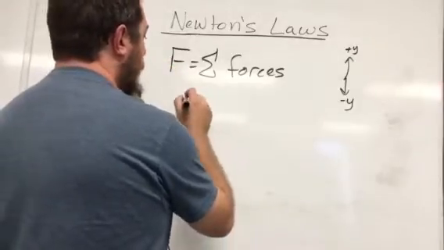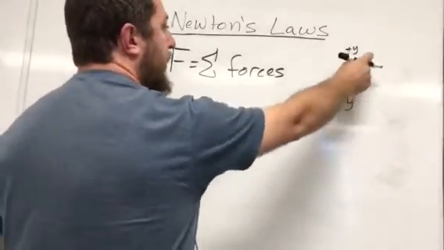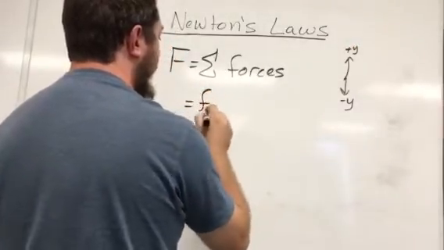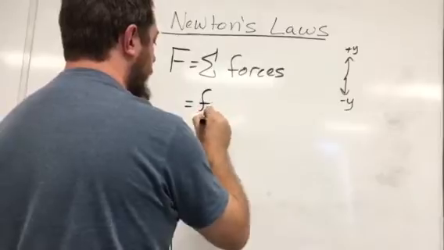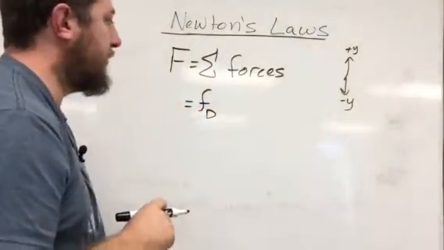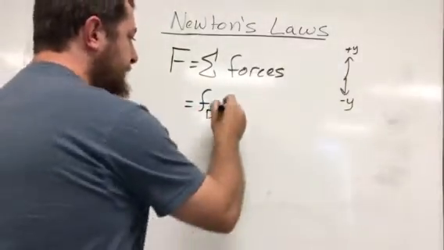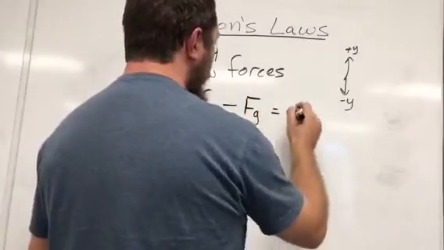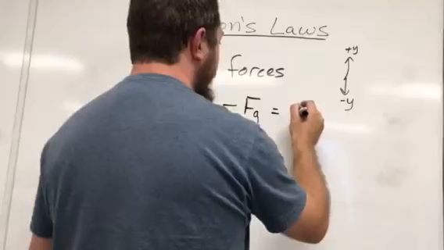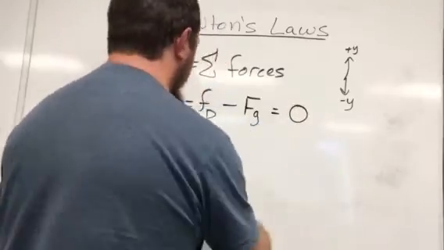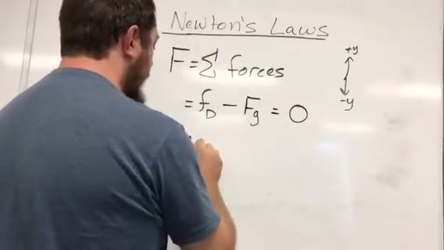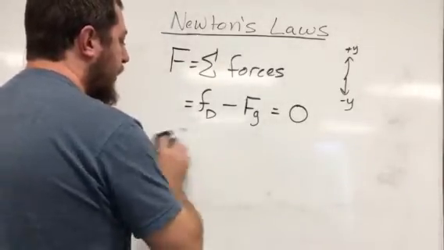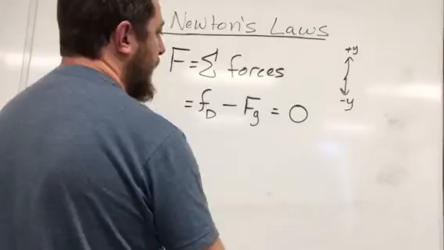And so I know that my drag is going to be upward, so I'll use a lowercase f sub d for drag force, minus the force of gravity. And he's descending at a steady rate, so ma is going to be 0 because a is 0. Since they're moving at a steady rate, there's no acceleration, so ma is also going to be 0.